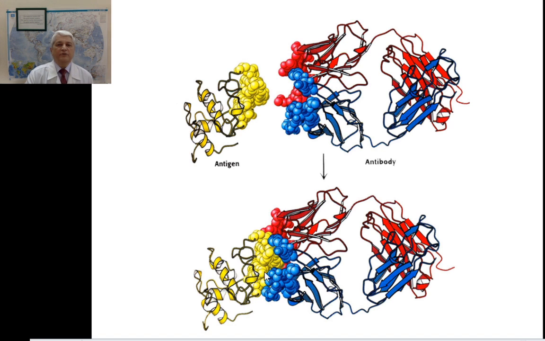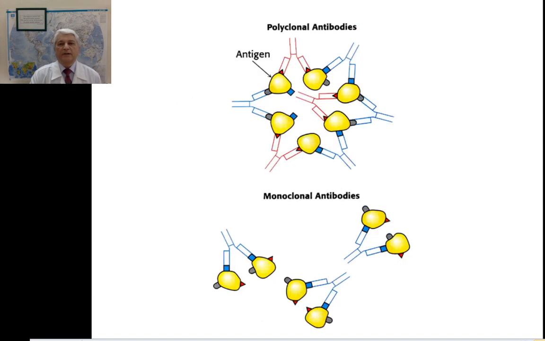This is the complex of antigen and Fab fragment, antigen binding fragment, of immunoglobulin. Let's go on. Now we must give two definitions. We must explain what are polyclonal antibodies and what are monoclonal antibodies.